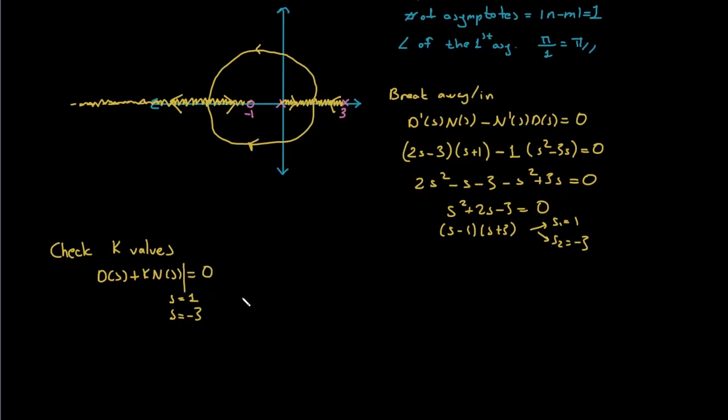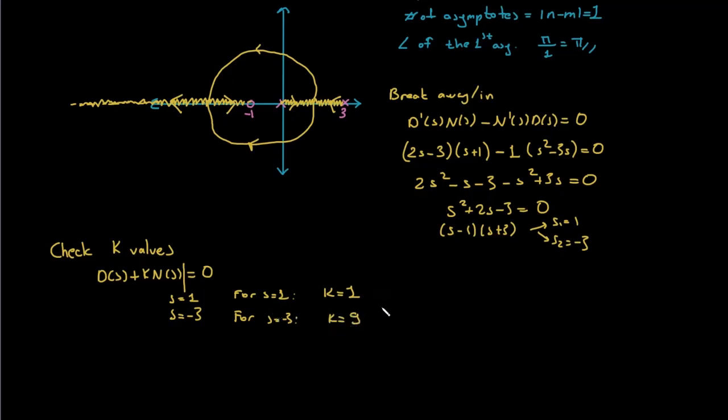For s equals 1, we can find k as 1, and when s is equal to minus 3, k is equal to 9.